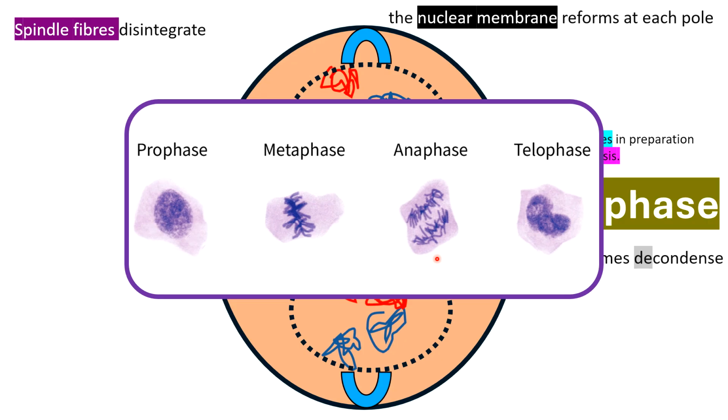The anaphase, where they split the sister chromatids apart, so the spindle fibers shorten and bring the sister chromatids to opposite poles. And the telophase that we've just seen, where the cell is starting to elongate, the nuclear membrane is starting to reform, and chromosomes have also decondensed. So all this diagram explanation I've given here can be applied to what you see in these microscope diagrams.